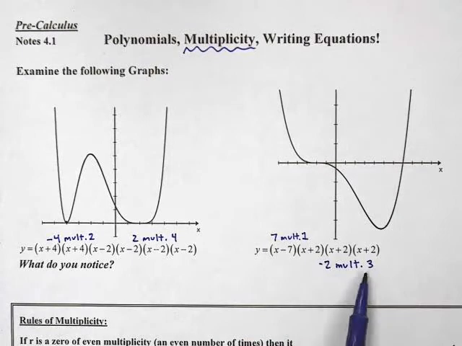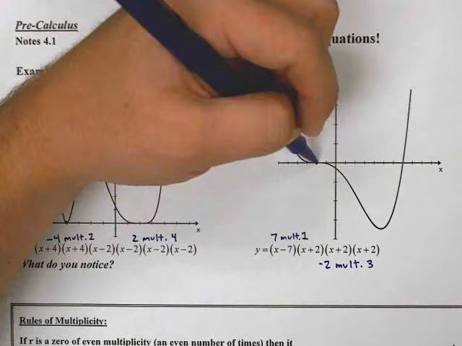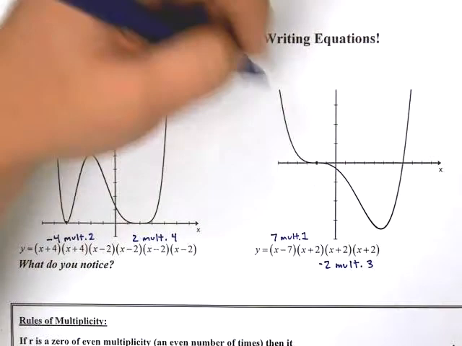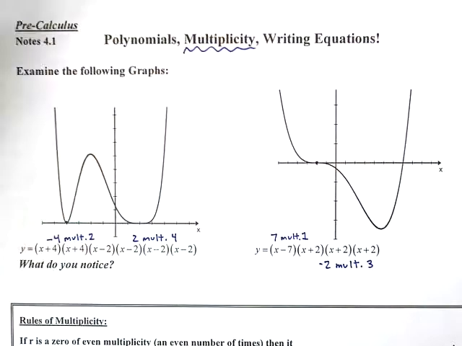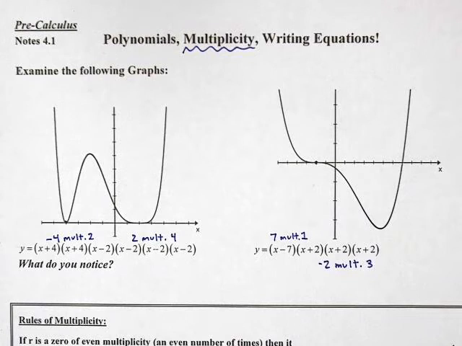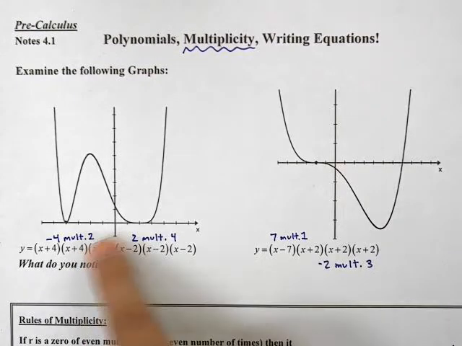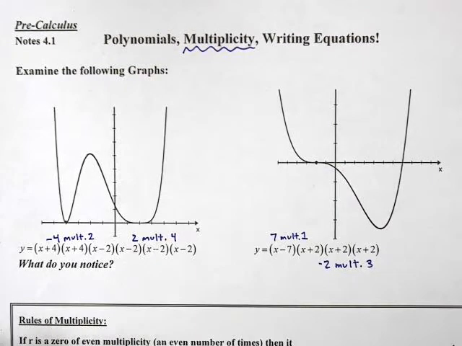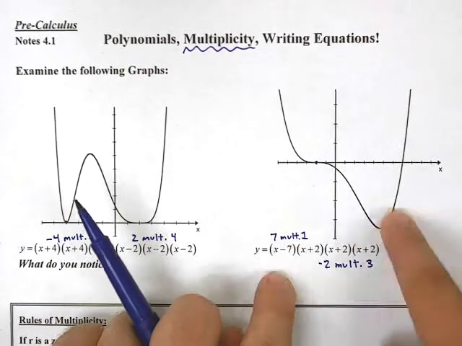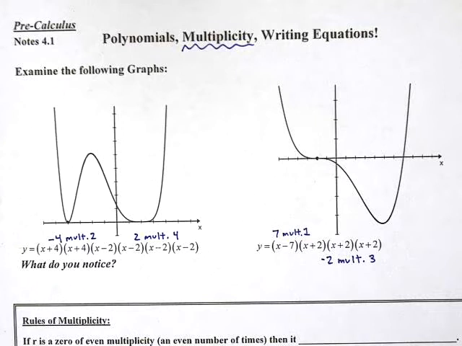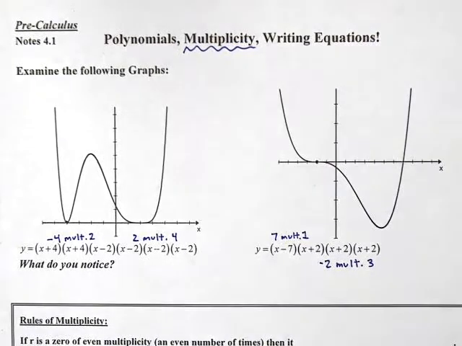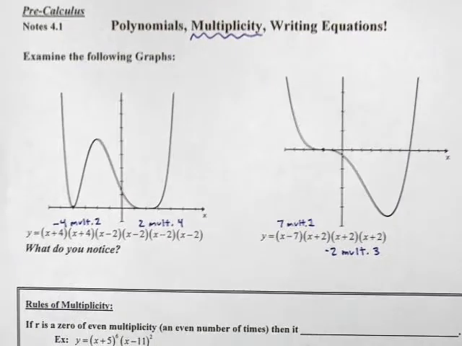And negative 2 with multiplicity of 3, right here, it's kind of doing like an S-shape type thing, but it's still going through the graph. It's crossing. Okay, and that's the idea that I need you to understand. Multiplicity of 2 and 4 kind of bounced off. Multiplicity of 1 and 3 went through. So hopefully you're starting to already recognize what pattern we're going to be talking about.